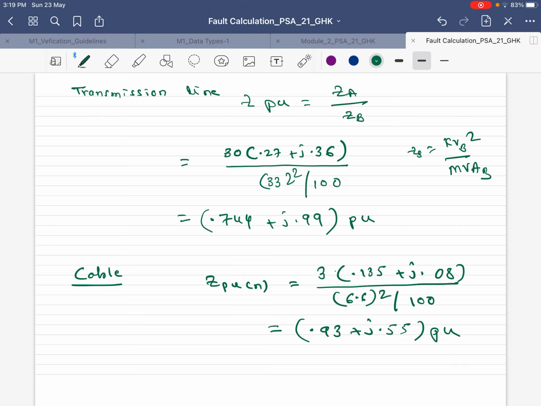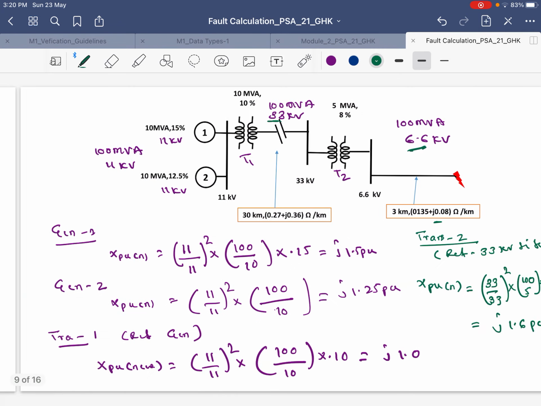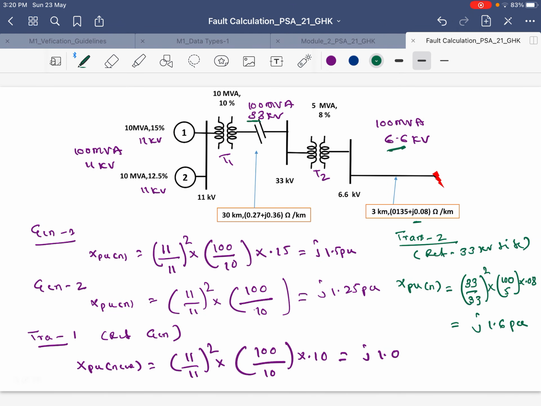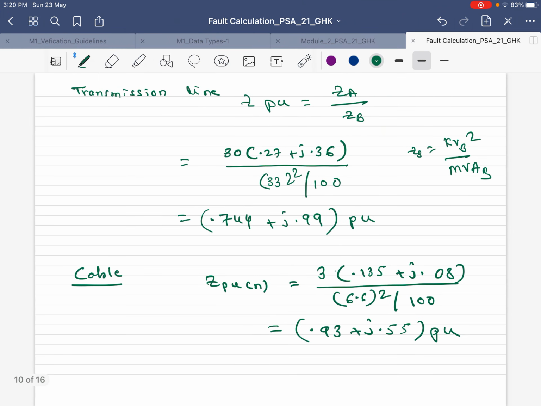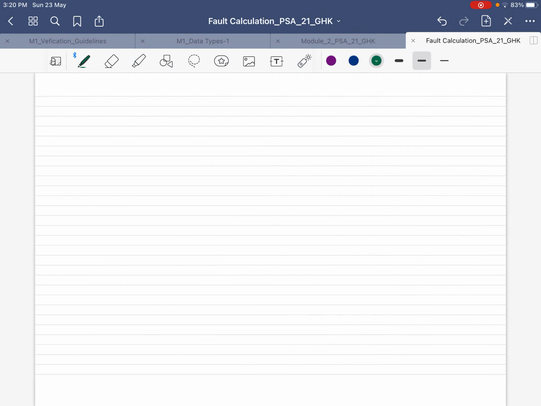That is, the first step in the problem is that you have to choose the appropriate values of the base quantities, then find out the new values of reactance based on the chosen base quantities. Then the next step is to draw the reactance diagram. Therefore, I am drawing here the reactance diagram. There is a bus here.